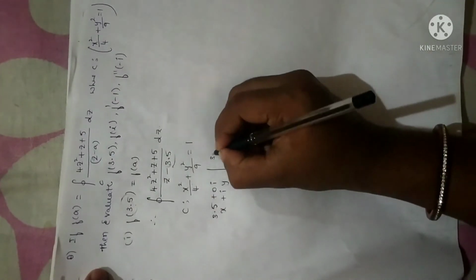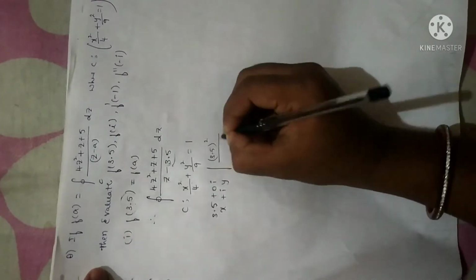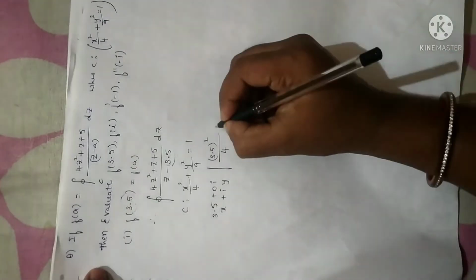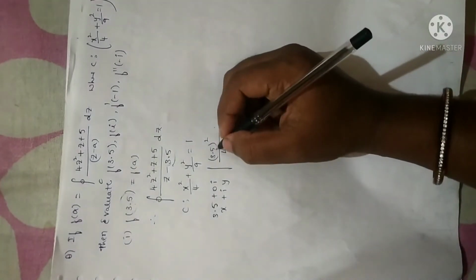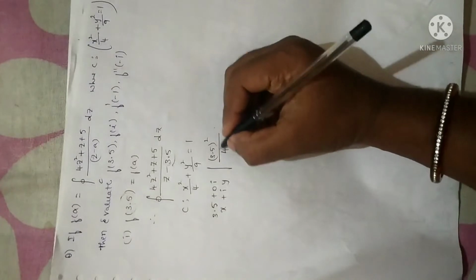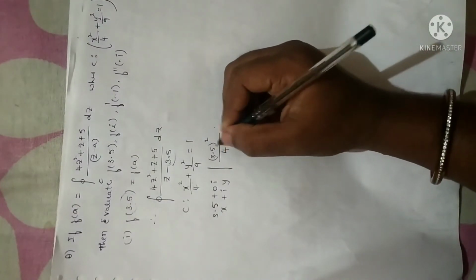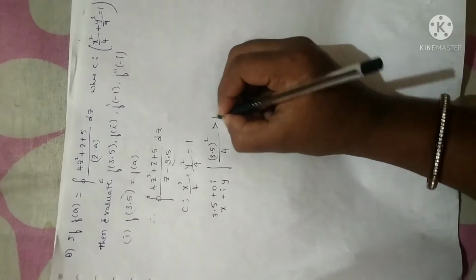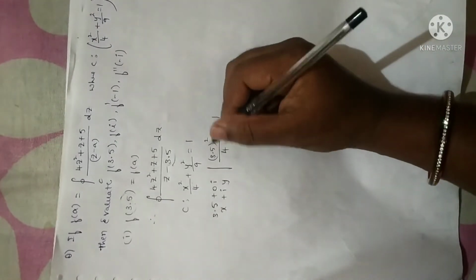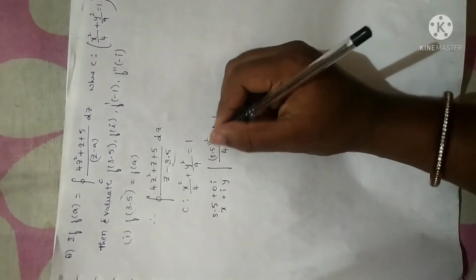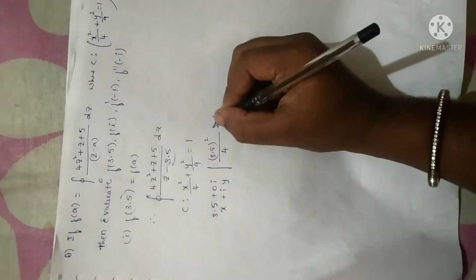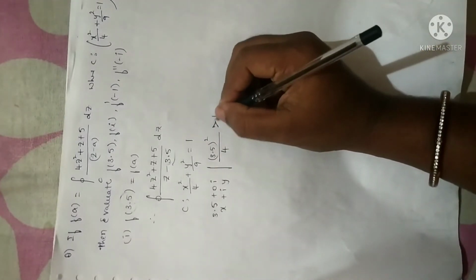So when you do that, you will get 3.5 whole square divided by 4. So obviously check whether it is greater than 1 or not. 3.5 whole square will be about 12.25 divided by 4, which will again be greater than 1 only. Whatever may be the value, if you want you can calculate and check. You will definitely get a value greater than 1.